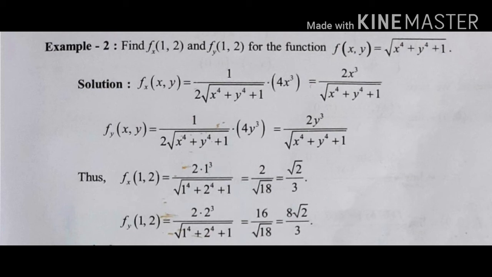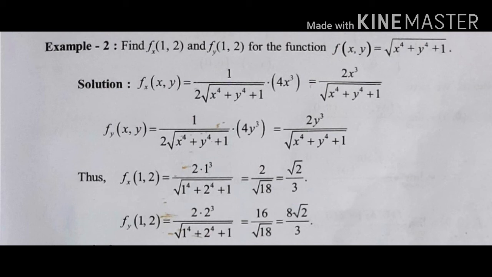1 by 2 root over x to the power 4 plus y to the power 4 plus 1, into 4y cube, is equal to 2y cube by root over x to the power 4 plus y to the power 4 plus 1. Now at the point (1, 2), we just put the point (1, 2).